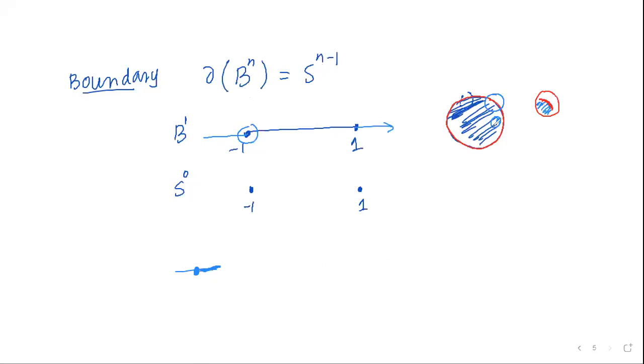Like the disk is B1 and the sphere S1, the circle, is the boundary of that. And similarly, if I take a solid filled sphere, so the filled sphere is B3 and its boundary is the sphere S2.